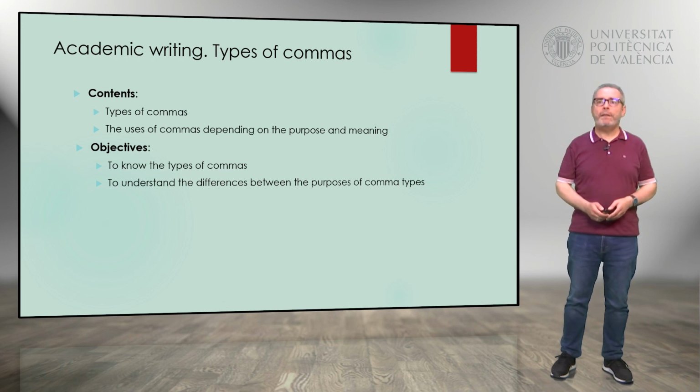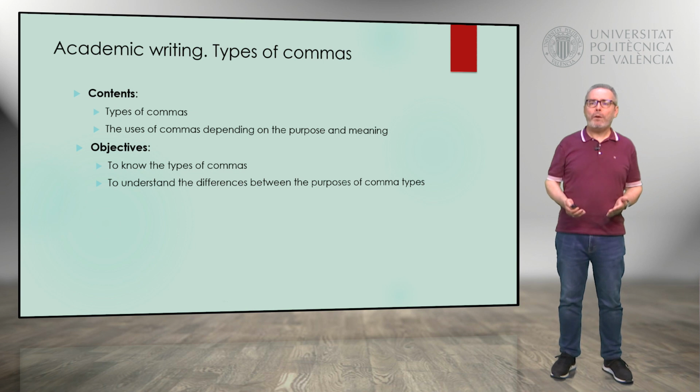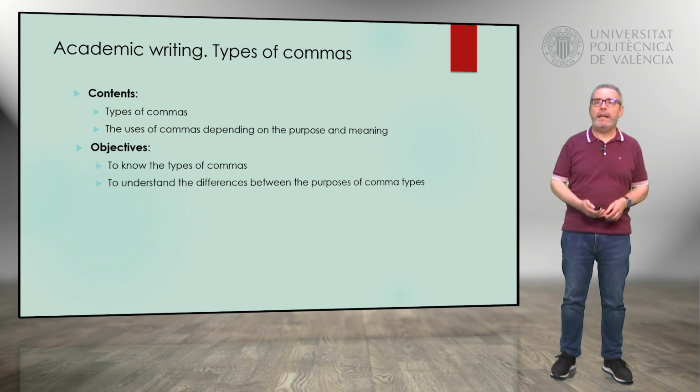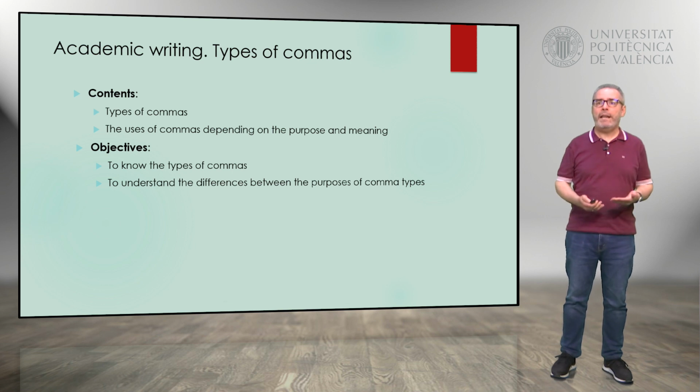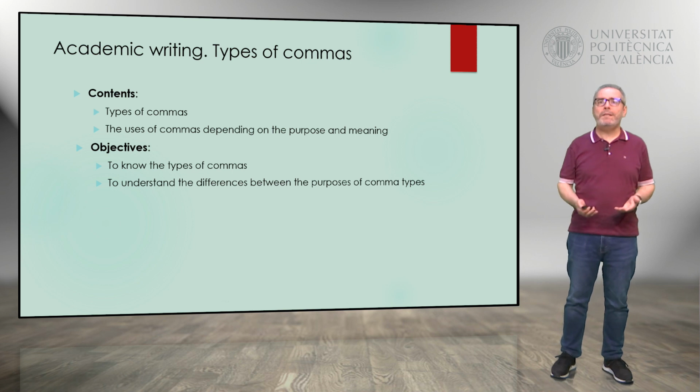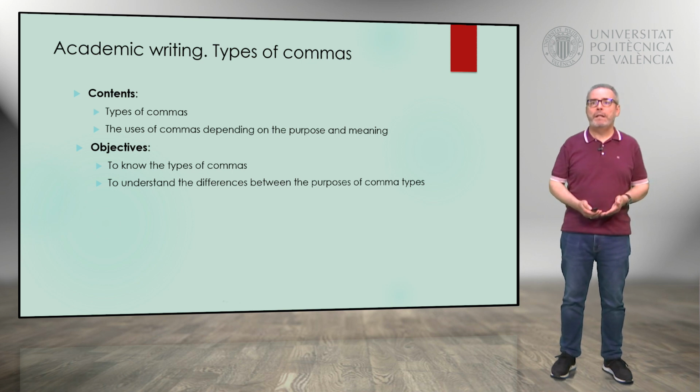There are 7 types of commas, because the commas are the most important punctuation marks in writing in general and in academic writing in particular. And the use of commas depends on the meaning and the function, which is reflected in the different types of commas.